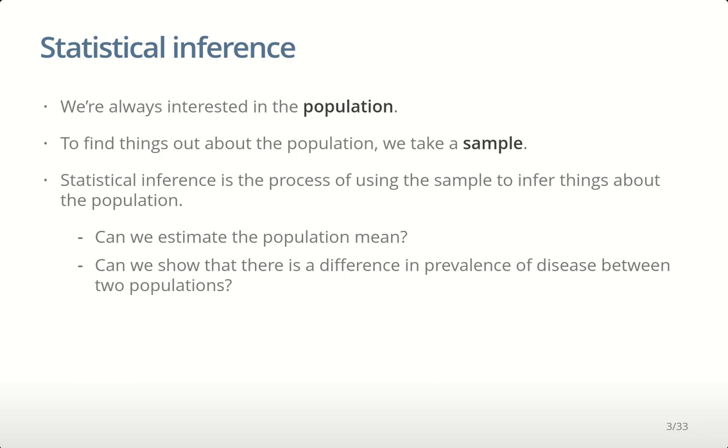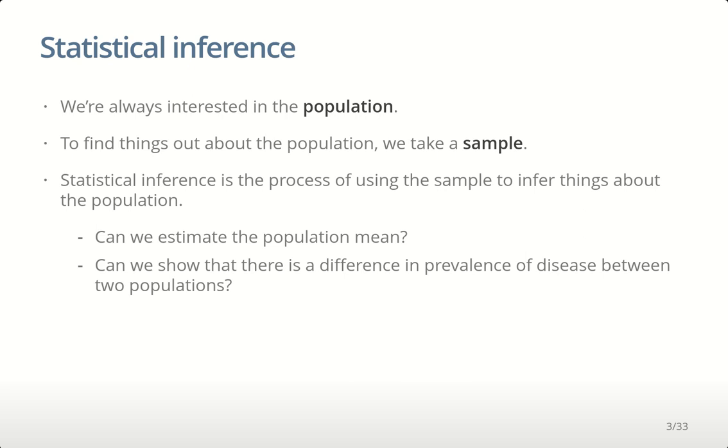So just a reminder about what statistical inference is. This is where we're interested in answering questions about a population, but we only have a sample, right? And so it's the process of taking the information that we have in a sample, such as the sample mean, the sample proportion, difference between means, difference between proportions, some statistical model that we've built from our sample, and allowing us to go back and say something about the population and introducing the uncertainty that arises due to the sampling process.